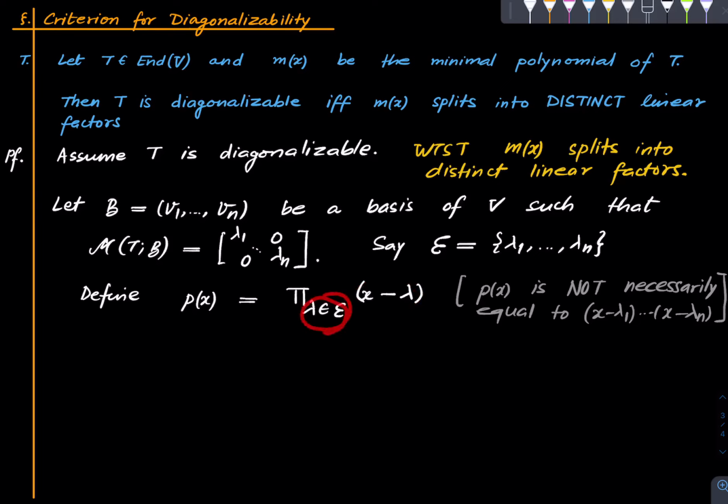Lambda is varying over a set, right? So it is the set of values that are here over which lambda varies. So if there is repetition here, we just count it only once. So let there be no confusion about that.